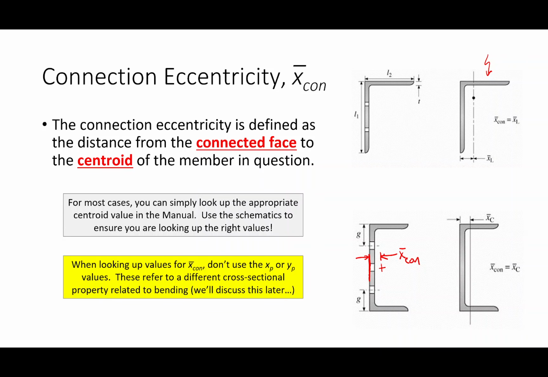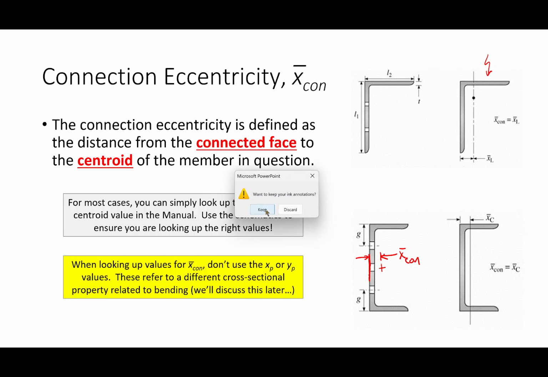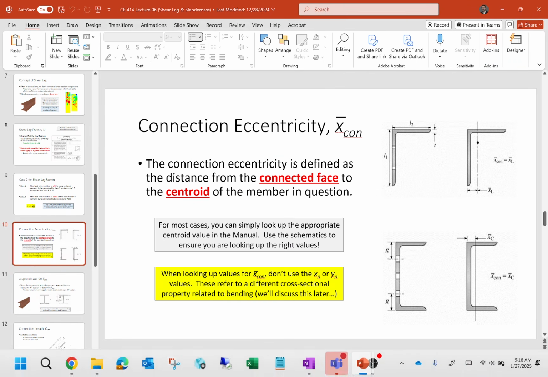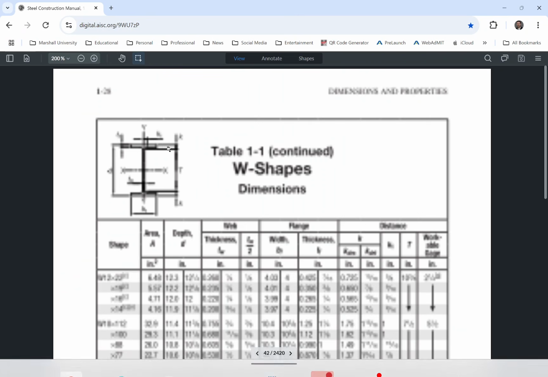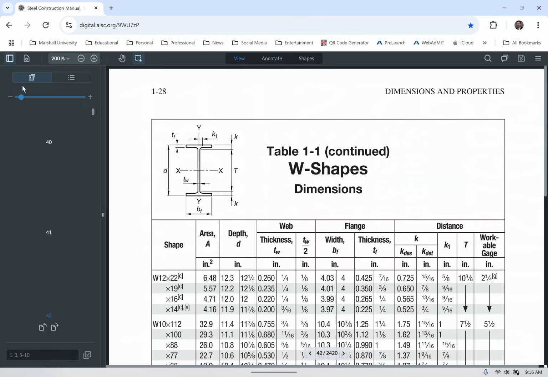Okay, now I do want to show you something, and I'm actually going to pull up the manual for this because I really want this to be very explicit. Okay, so I have here the manual.